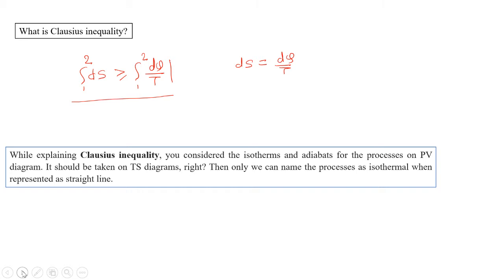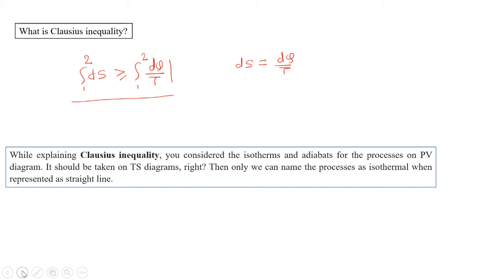However, the diagram with horizontal line will represent isotherm in TS diagram. This part, as said by the student, is correct. In case of PV diagram, we have to remember one more thing, that the isothermal line will have lower slope than the adiabatic line.